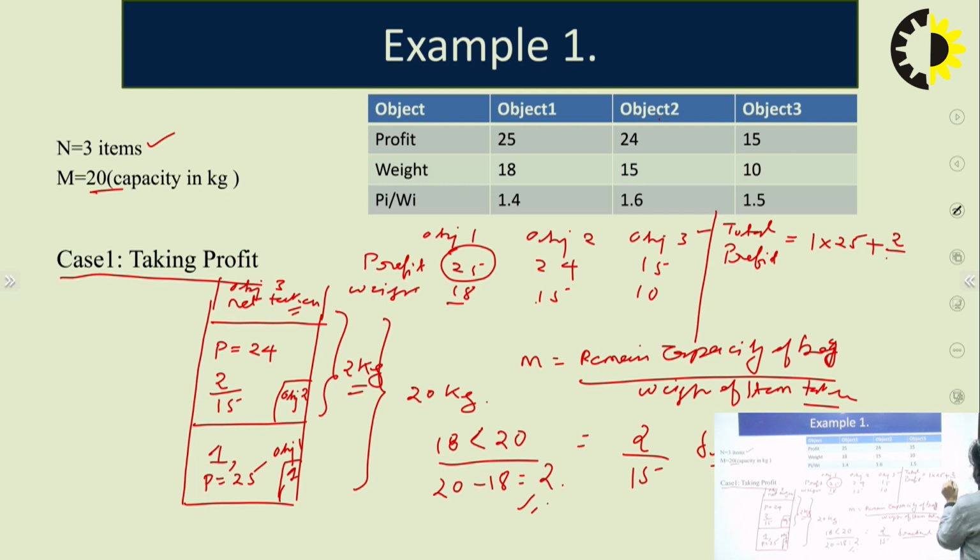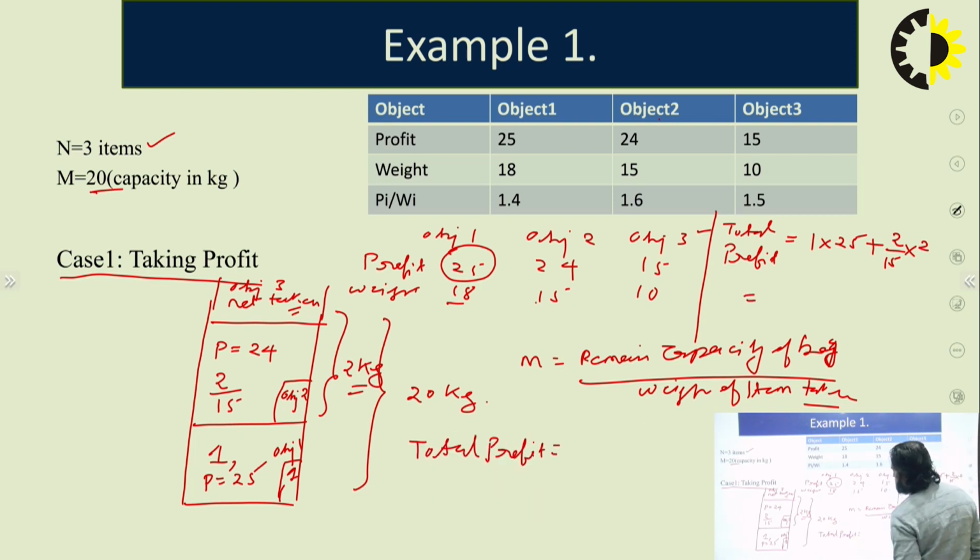taken as a fractional part, 2 by 15 into profit 24, plus object 3 is not taken, so 0 into profit 15.